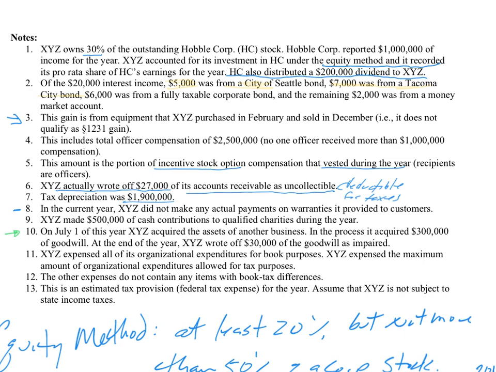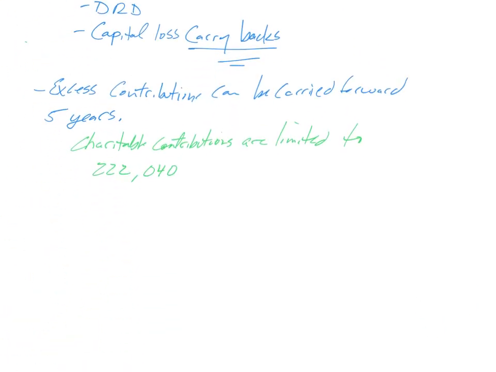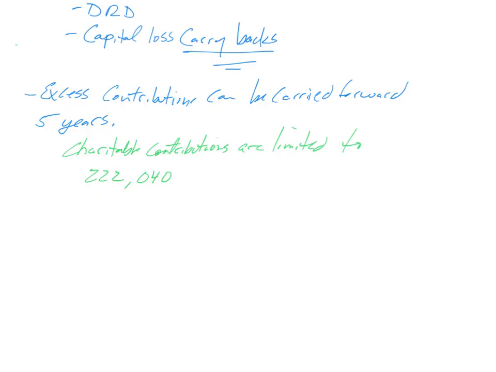Where we got the $200 of dividends, okay? But what do we know about dividends received deductions? Well, dividends received deductions are based on our percentage ownership, right? So I'm going to come down here, scroll past all of that, and let's talk about dividend received deduction briefly.